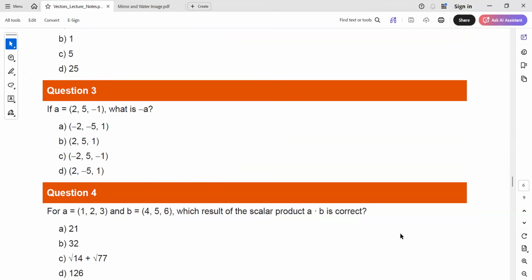What will be minus A? A. So minus A means we have to multiply all these by minus: -2, -5, plus 1. A will be the right one.